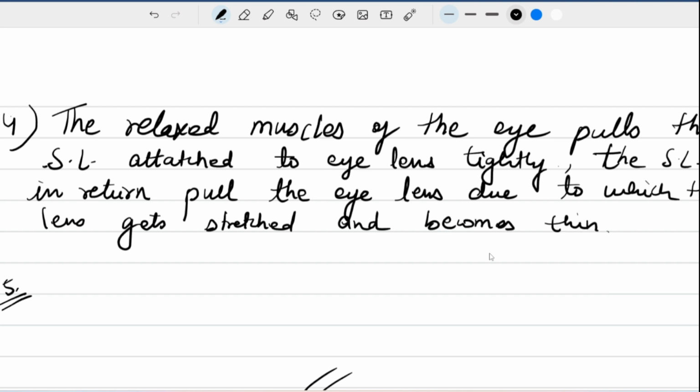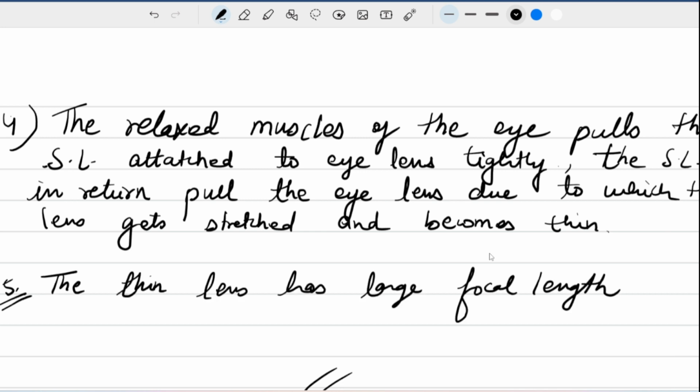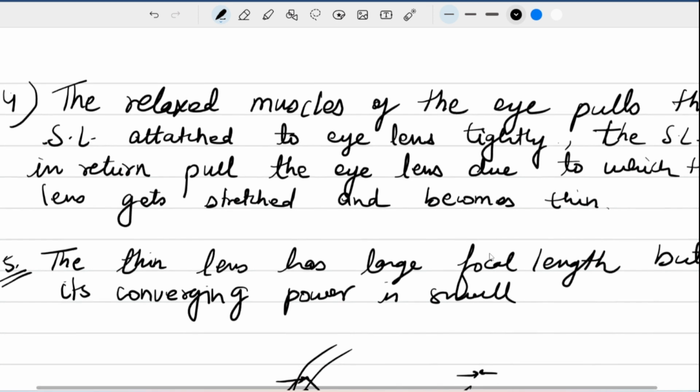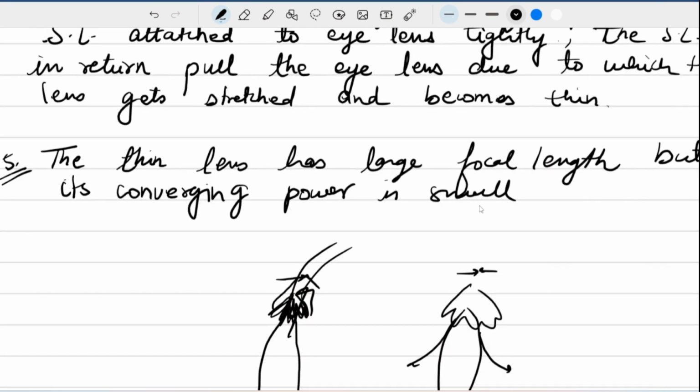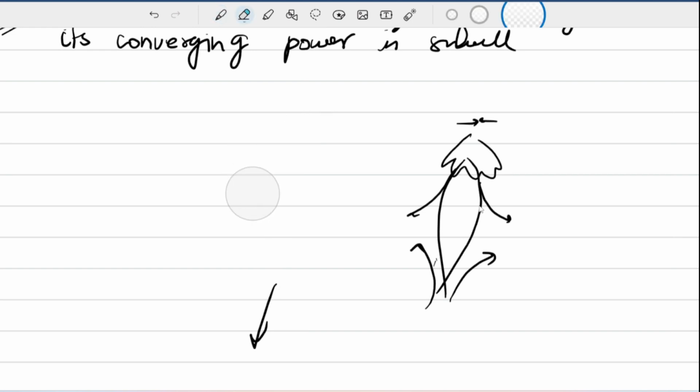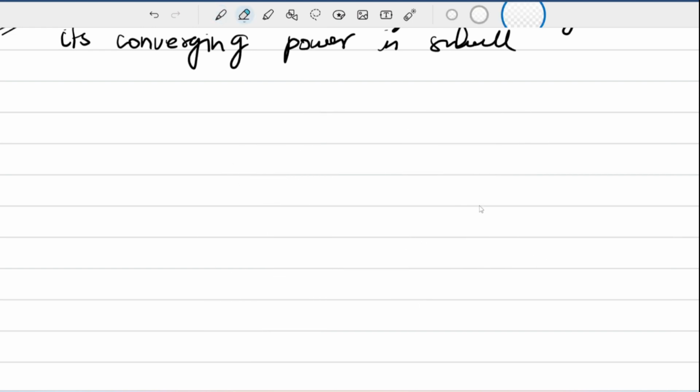Last point for the distant point, that is, the thin lens has large focal length but its converging power is small. ठीक है, ये जो कन्वर्जिंग पावर है ये इनफ है, जो पैरेलल रेज आ रही हैं उनको कन्वर्ज करके रेटिना तक लेकर आने में। ठीक है, तो इसलिए हमको उतनी ही कन्वर्जिंग चाहिए, बहुत ज्यादा कन्वर्जिंग पावर नहीं चाहिए। ठीक है, also when we are looking at the distant objects, we say that our eyes are in relaxed state.